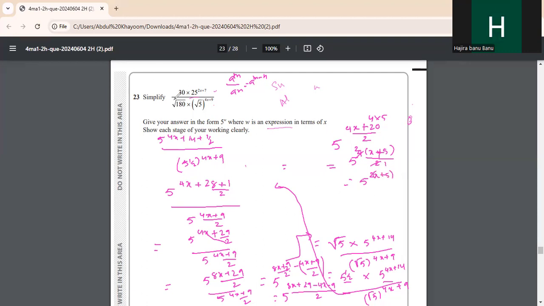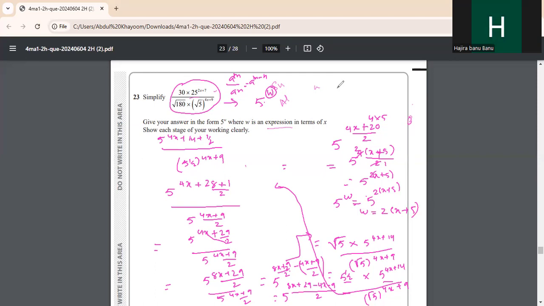So what was the idea behind this simplification is you have to simplify this to 5 to the power of w. Let me compare this with 5 power w is equals to 5 power 2x plus 5. So w is 2 times x plus 5.